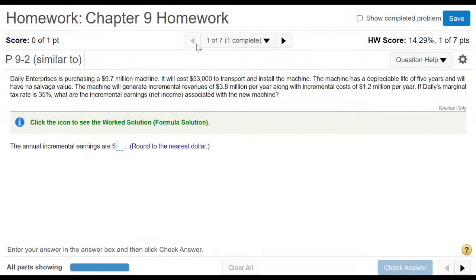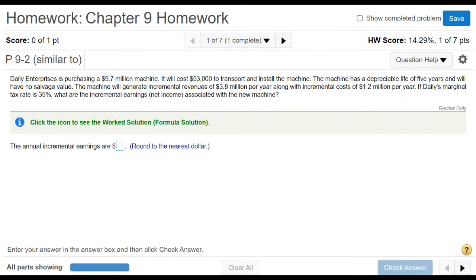All right, let's look again. This one wants to know what the incremental earnings are, without adding the depreciation back.